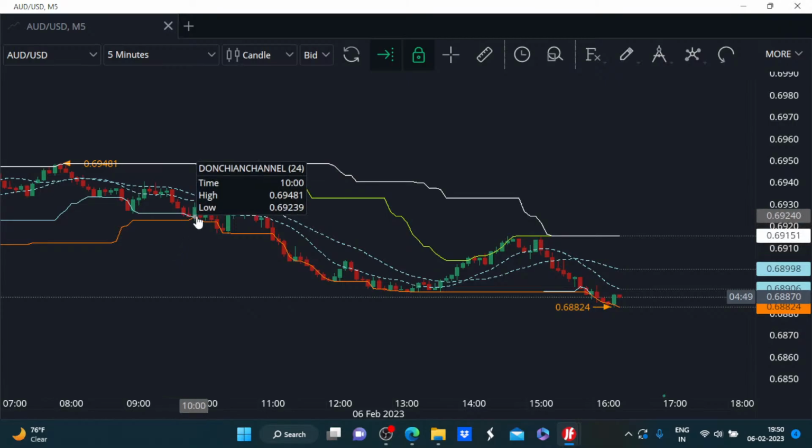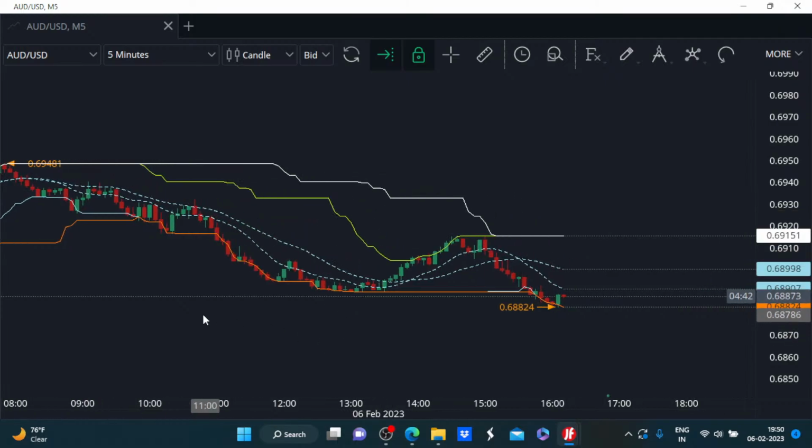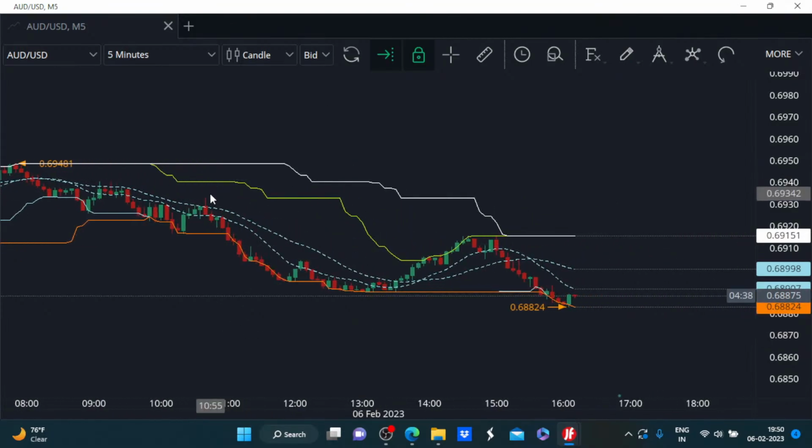So for the AUD, the 4 hourly low was made at 10 GMT, whereas for the euro, the 4 hourly low was made at 9 GMT. But if we look at the magnitude of decline for the AUD, that has been substantial. If we look at its high and low, the decline is a little less than 1 percentage point, whereas for the euro, the decline is around half a percentage point.